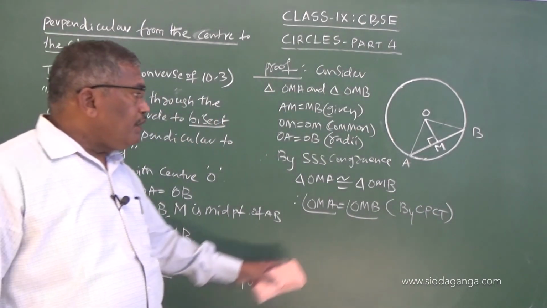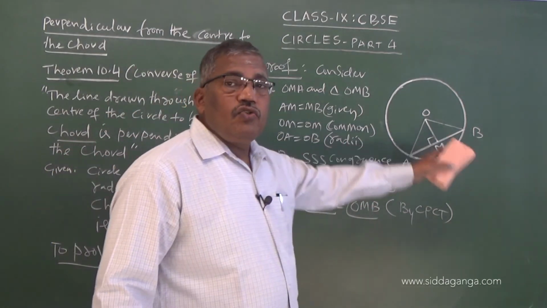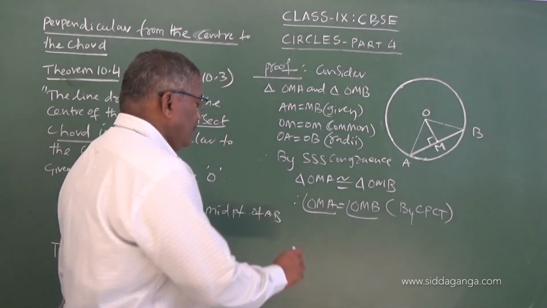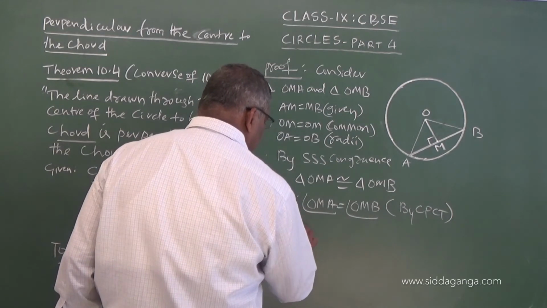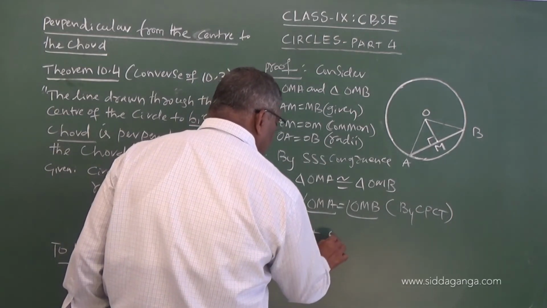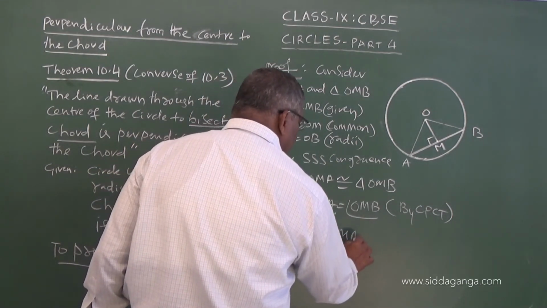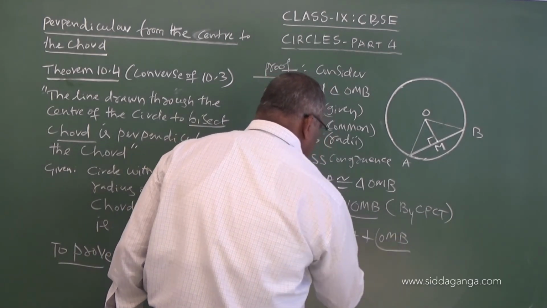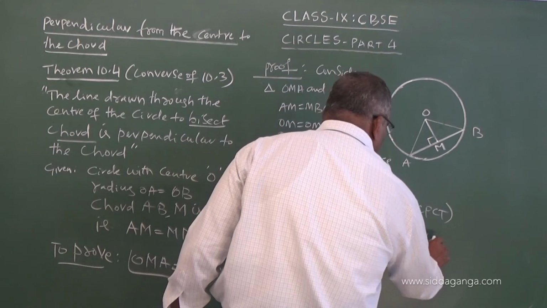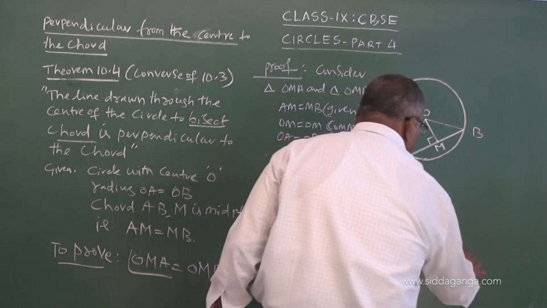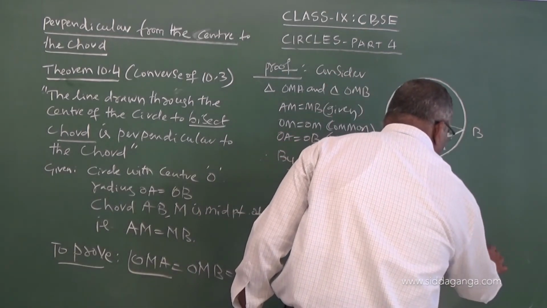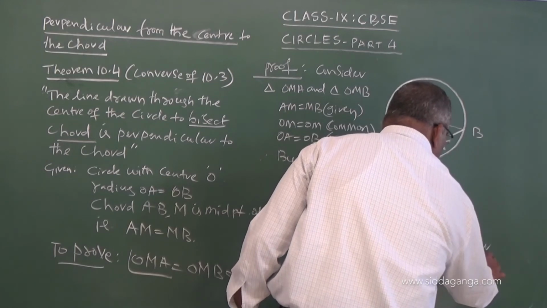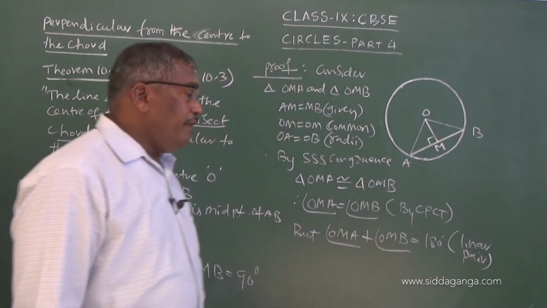But these two are a linear pair. Therefore, OMA plus OMB is equal to 180 degree because of linear pair.